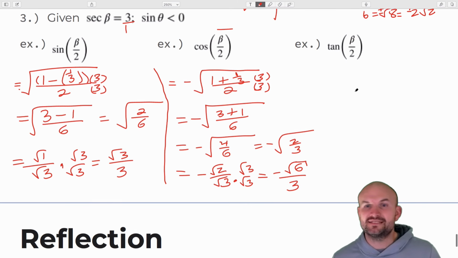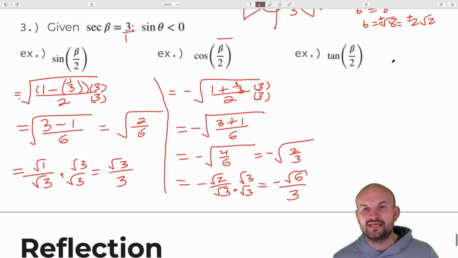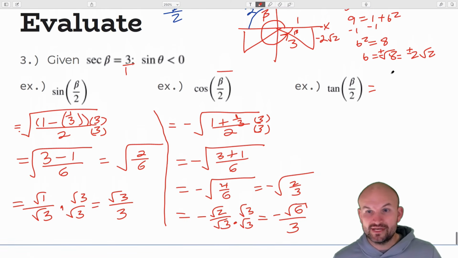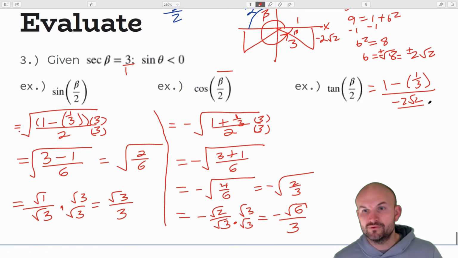All right, last but not least is the tangent. Again, I'm going to use the 1 minus cosine of theta over sine. So cosine is 1 over 3. So I'll do 1 minus my cosine over my sine, which is going to be negative 2 square root of 2 over 3. Now in this case, I don't want to multiply by the reciprocal. I'm just going to do this one at a time. I'm going to multiply by 3 over 3.